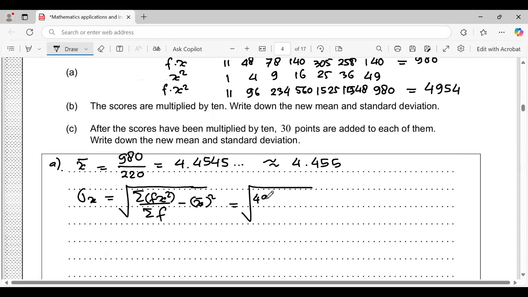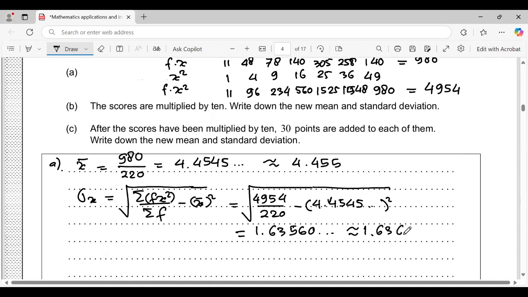This is 4,954 over 220 minus 4.4545 squared, and the result is 1.63560, rounded off 1.636.